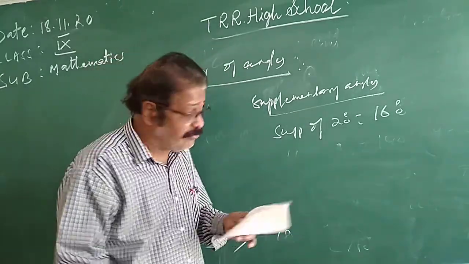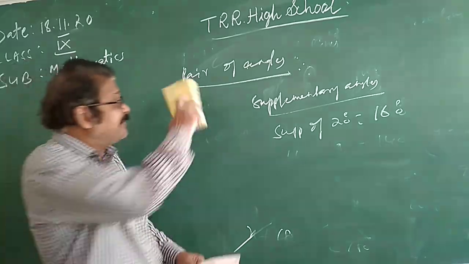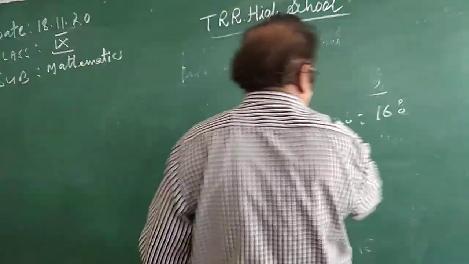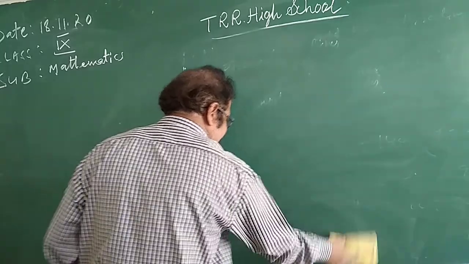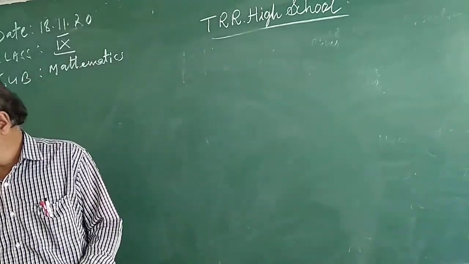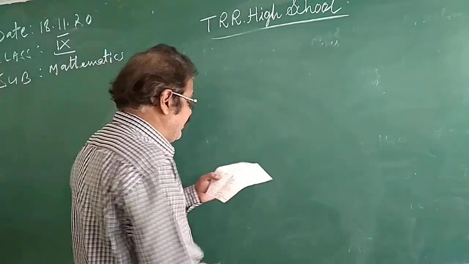Next, let us go for adjacent angles. In the previous class also, we discussed adjacent angles. Adjacent angles means the angles which are situated side by side.